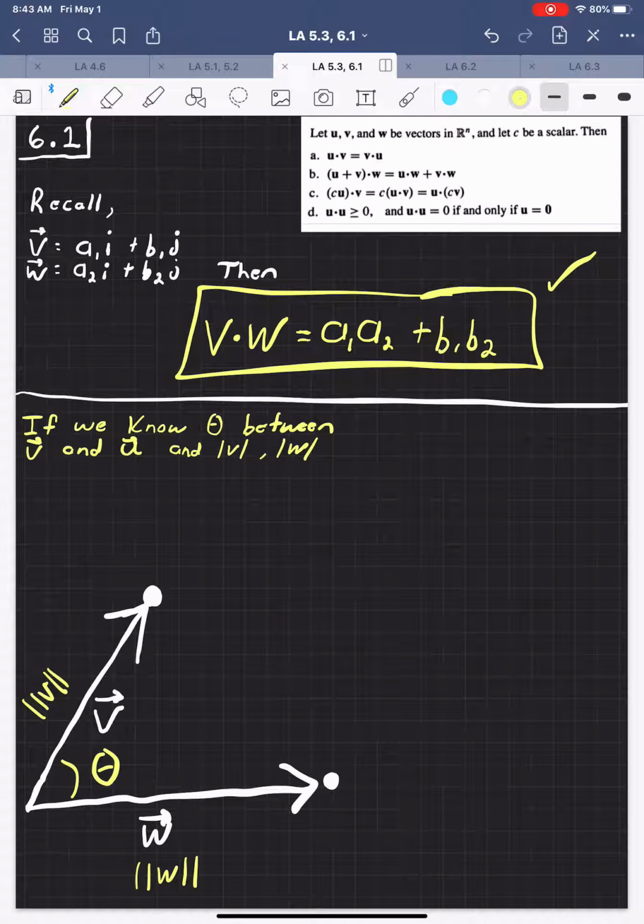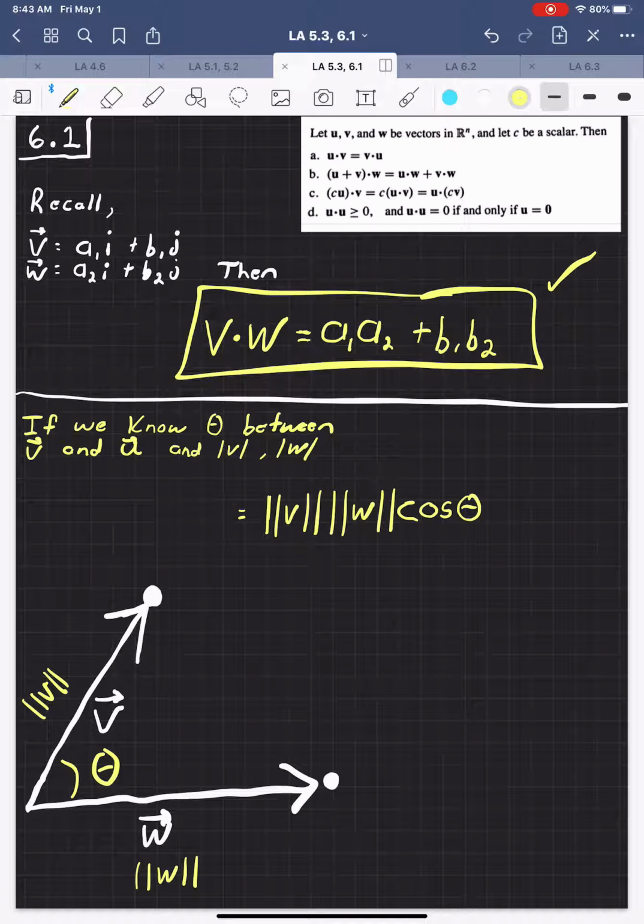So if you had the magnitude of V times the magnitude of W times, well, we can't just multiply a magnitude times a magnitude multiplied by an angle, right? Because what we'll do is we'll write times cosine of that angle theta.